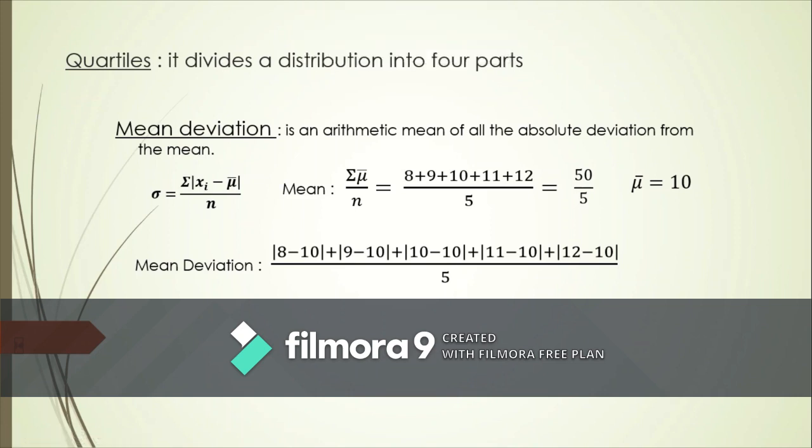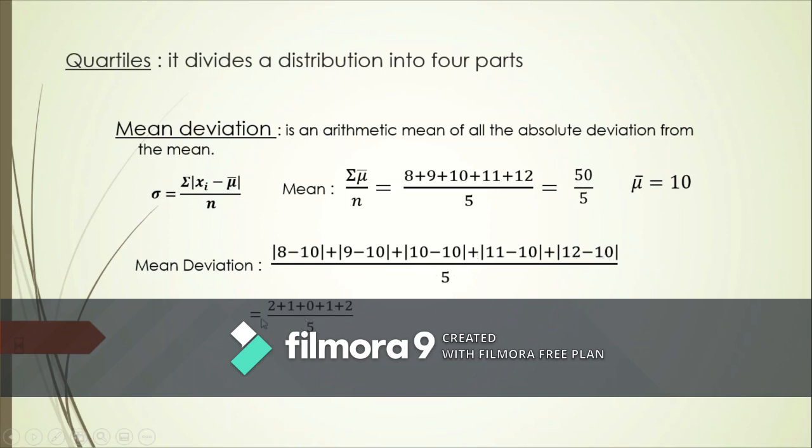So, if we're gonna compute this, 8 minus 10 is equals to negative 2 in an absolute form. So, the value is going to be positive 2. So, 9 minus 10 is equals to negative 1, but in absolute form, is going to be positive 1.